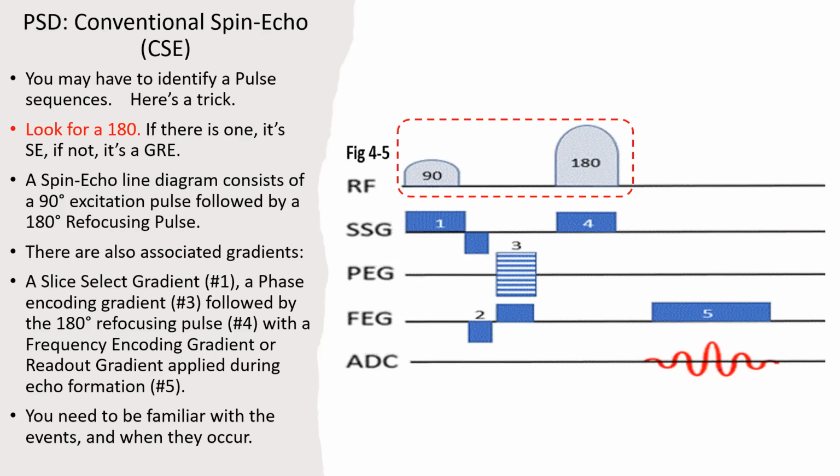That's all. Look for the 180, and if it's there, it's spin echo based. It might be as simple as that. If they show you a pulse sequence and there's no 180, then guess what? Gradient echo. So don't let all this slice select, phase, and frequency encoding stuff get you confused right now. We'll cover some of that.